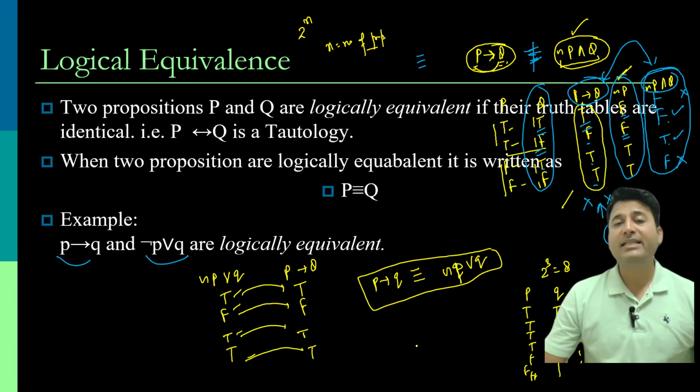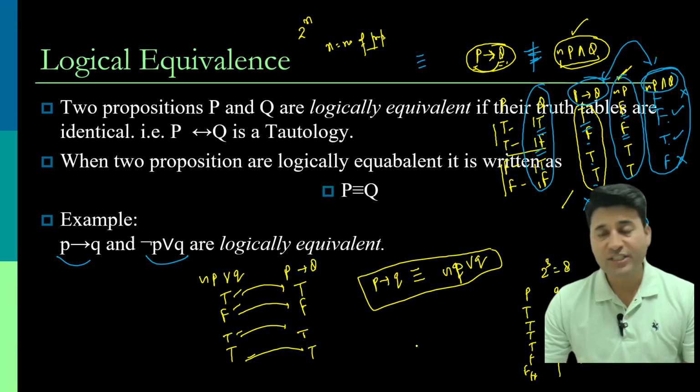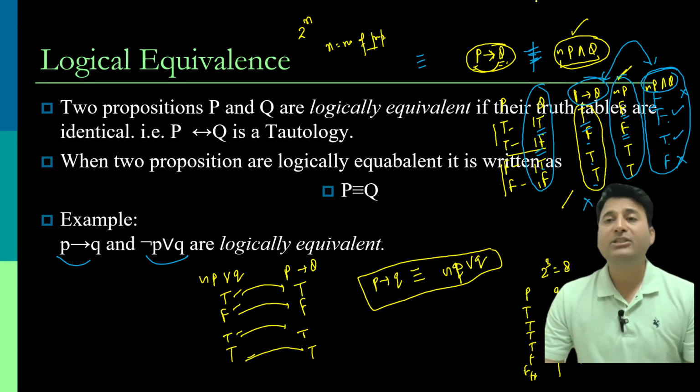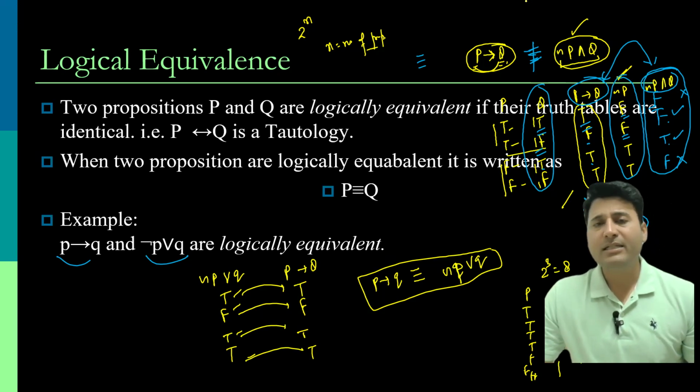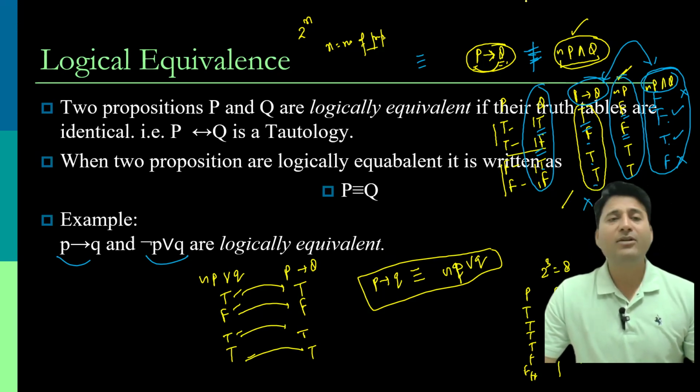I hope you understand the concept of propositional logic, and you understand how we check the truth value for a compound proposition. That's all for the session. In our next session, we are going to discuss normal forms, which have quite a significant role.